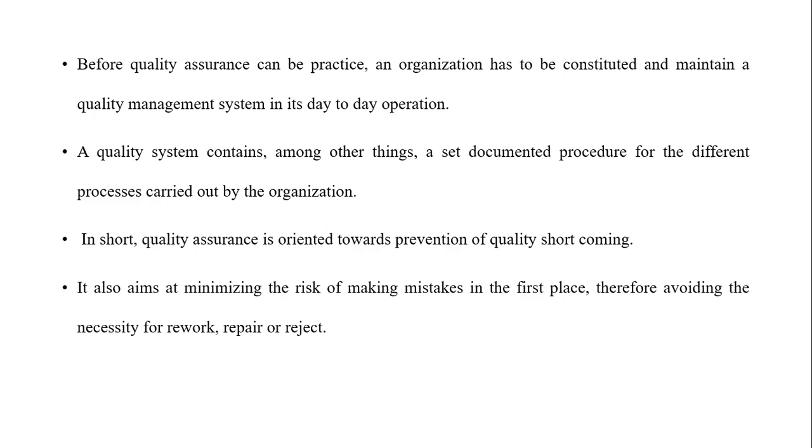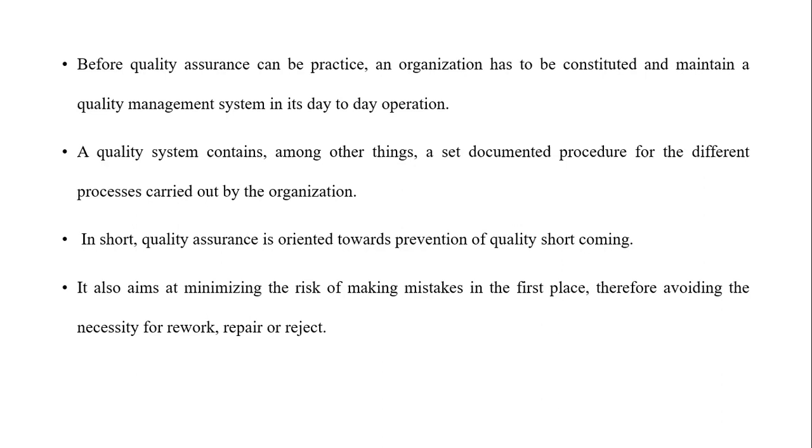It also aims at minimizing the risk of making mistakes in the first place, therefore avoiding the necessity for rework, repair, or reject. Generally, quality assurance is a planned system of management which increases the level of confidence that a service or material will conform to specified, established requirements.